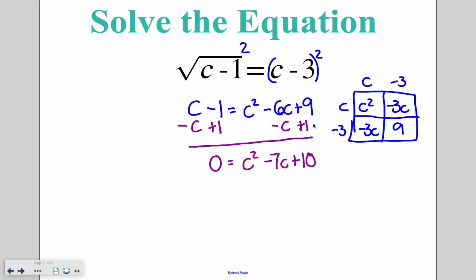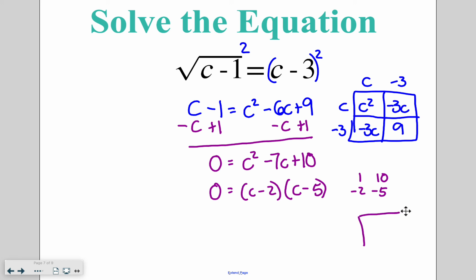Then there are multiple different ways you can solve this. You could use the quadratic formula. You could use completing the square. Personally, I think factoring is the easiest for this one. So I've got 1 and 10, 2 and 5. So to get to a negative 7, I need a negative 2 and a negative 5. So I'm going to have 0 is equal to c minus 2, and then my other factor being c minus 5.